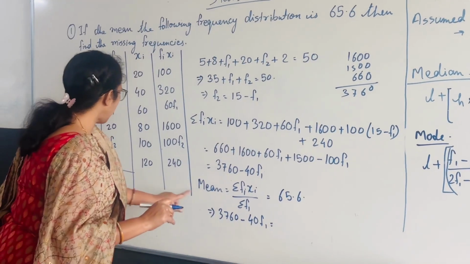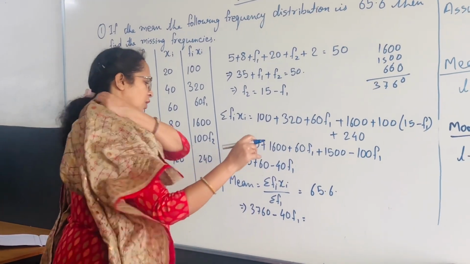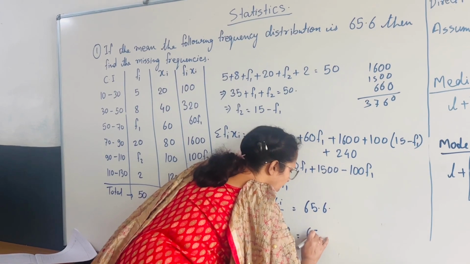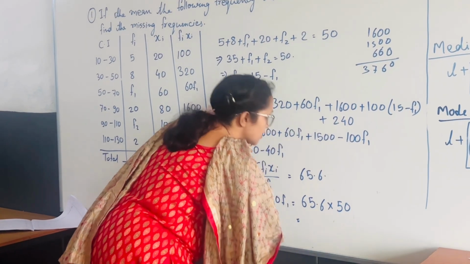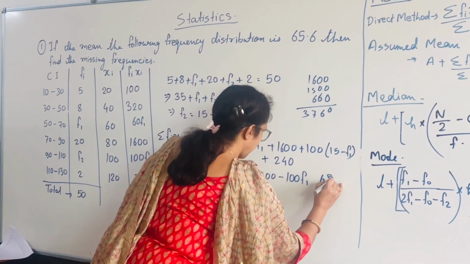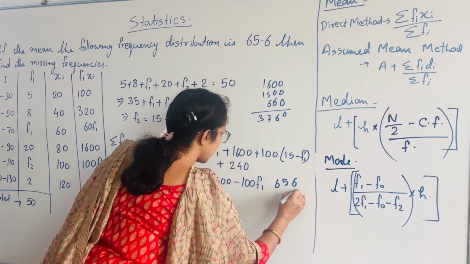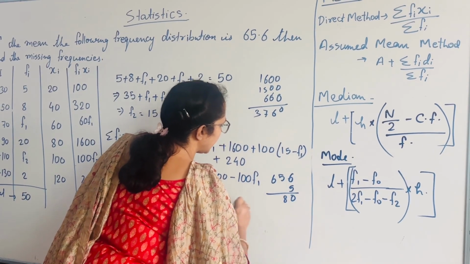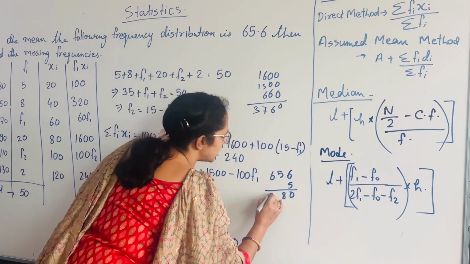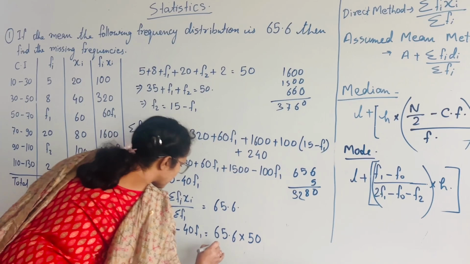Now sigma fi is 50, so this will go up: 65.6 into 50 will be equal to 3280.